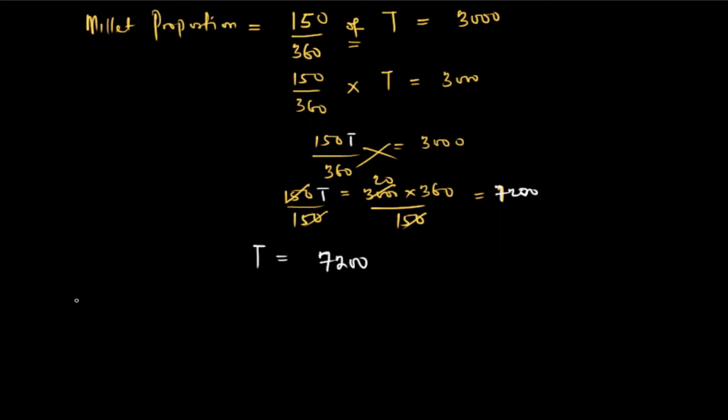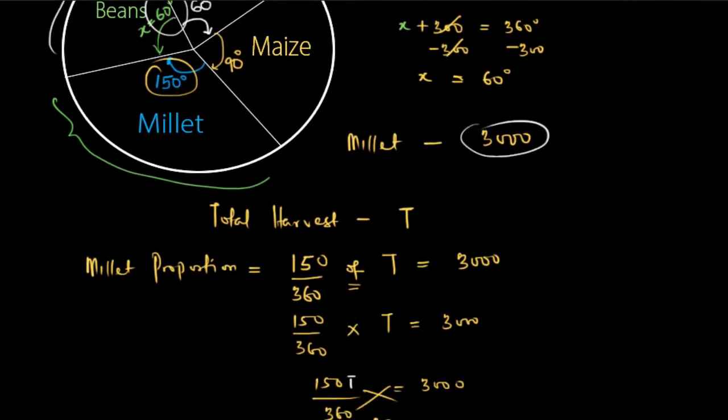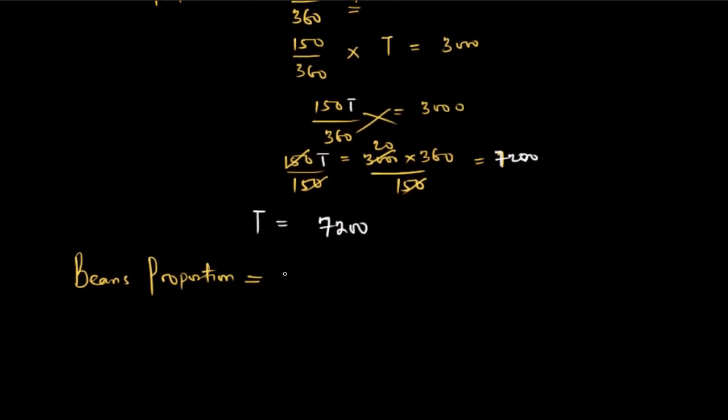So the beans proportion is 60 degrees out of 360 degrees, but in terms of harvest, we need to multiply this by the total harvest, T.